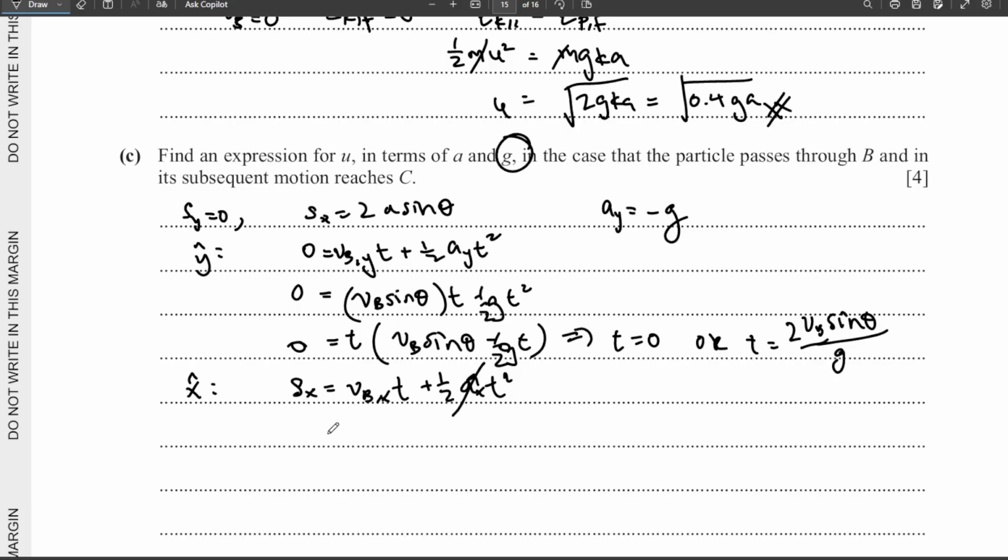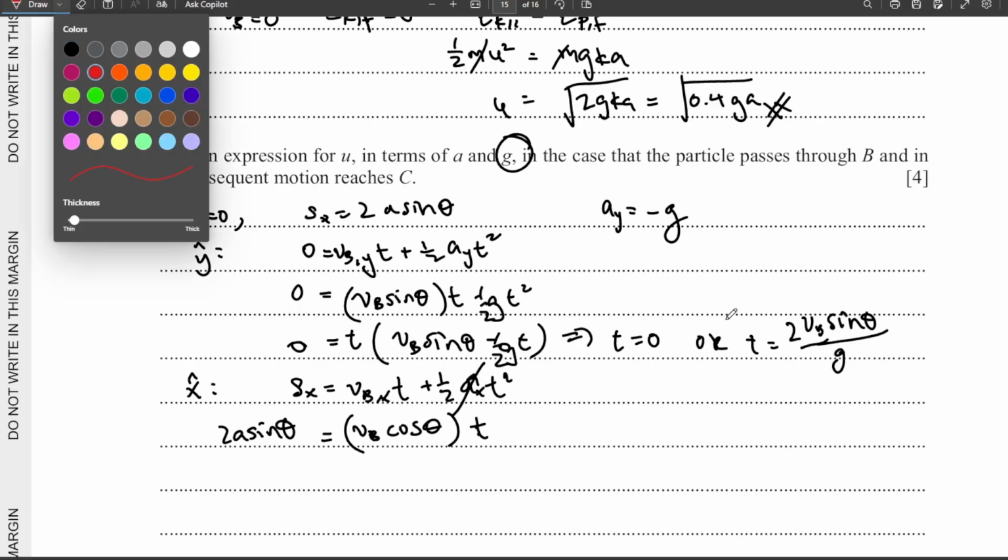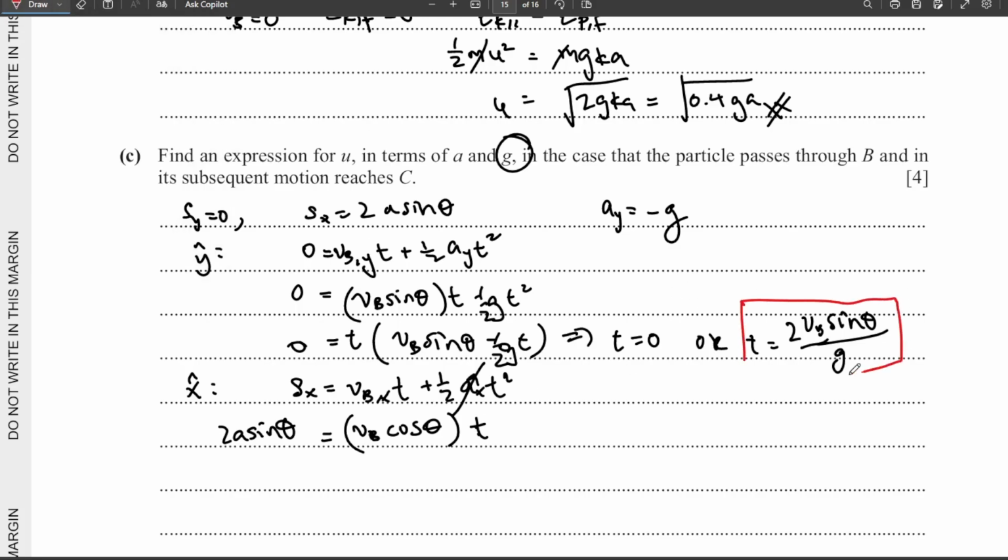And Vbx, so we already used sine for the vertical, so the horizontal will be cosine. Vb cosine theta, and t then equals 2a sine theta. So this t we have already found previously from the y direction. It's this expression. So we also can go ahead and replace it into here.